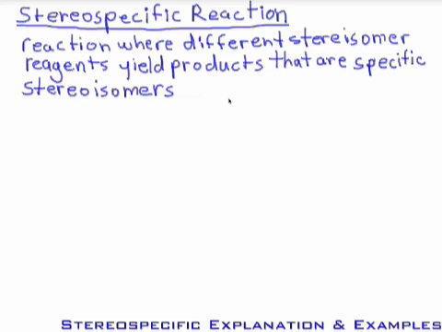Let's look at an example. Suppose I have the following pure enantiomer. Over here is a phenyl. And coming out at you is a CH3.